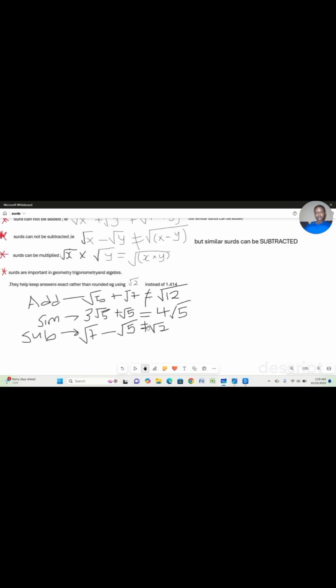These are the things that cause failures for students, because they believe they are right, whereas they are wrong, but they don't really know. So it is not equal to this. Similar surds can be subtracted.